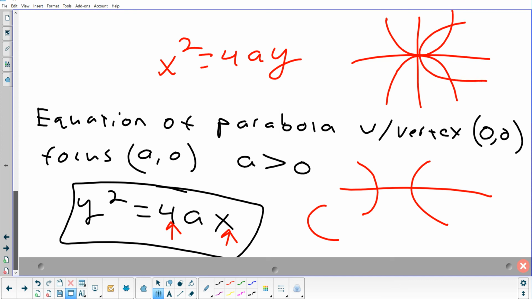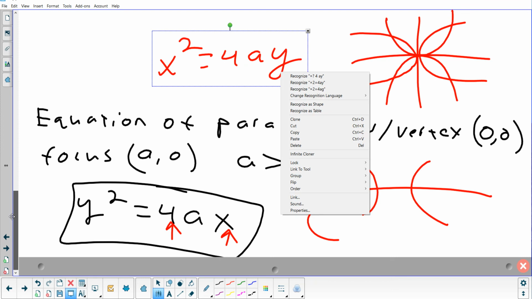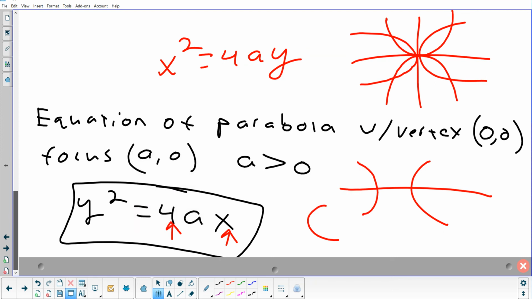And if you make this negative and you make that an X, then it would look like this. So those are basically the 4 different types of parabolas that we're looking at. So check the number, and then check the letter. Okay, but for now, we'll just focus on y squared equals 4ax. Then we'll try some other ones.